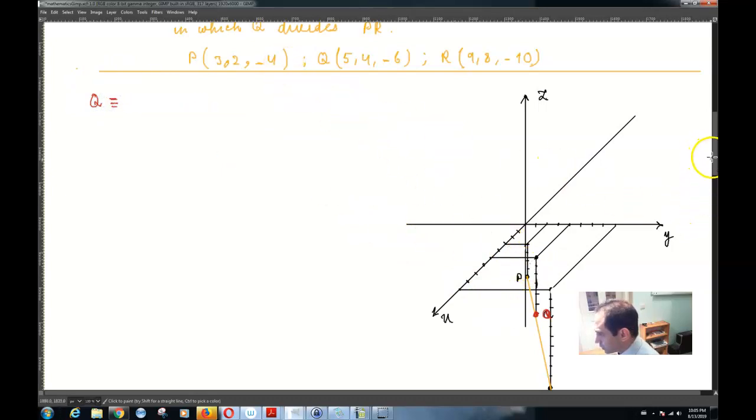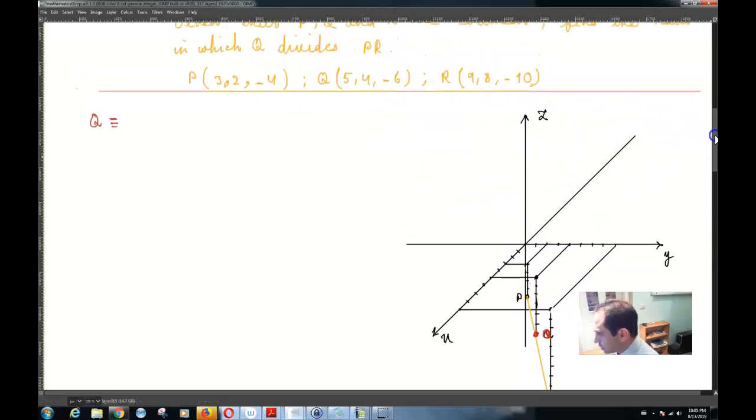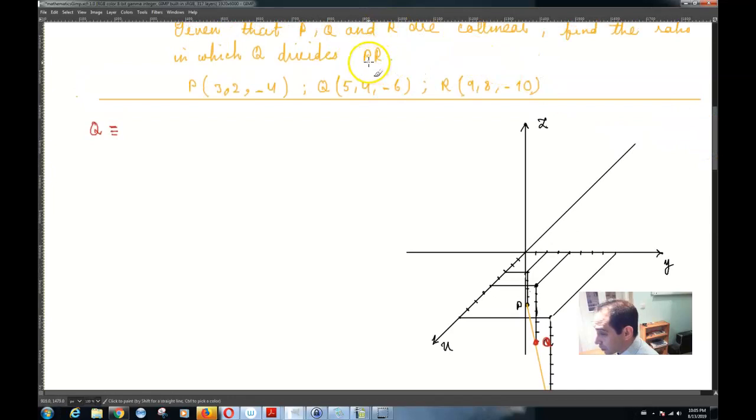If I take PR as the line segment, then the point P would be point 1, the point R would be point 2, and the ratio would be M to N, for example.